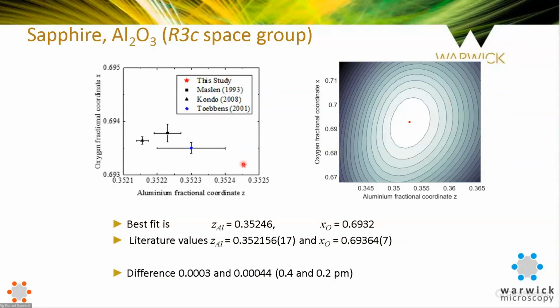You can see it's definitely outside their error bars, but in absolute terms, it's not that bad. So we're 0.4 or 0.2 picometers away from the best accepted structure. And again, we've got 1 global minimum that we get to by refining against this. So it's a very robust method, it seems, and it seems it's also reasonably accurate and precise as well.